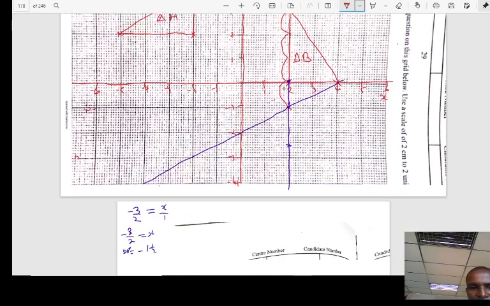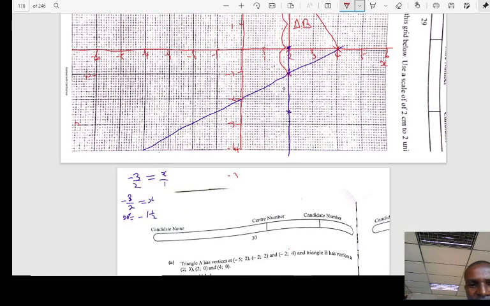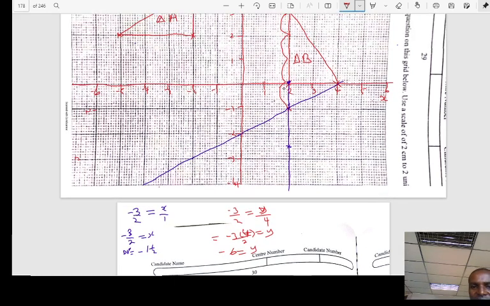So here you say minus 3 over 2 is equal to distance of image, you can call it y, over 4 boxes of that point. Then it will be minus 3 times 4 over 2 is equal to y. If you simplify here, it will be minus 6 is equal to y. So it will be 6 boxes from the center.